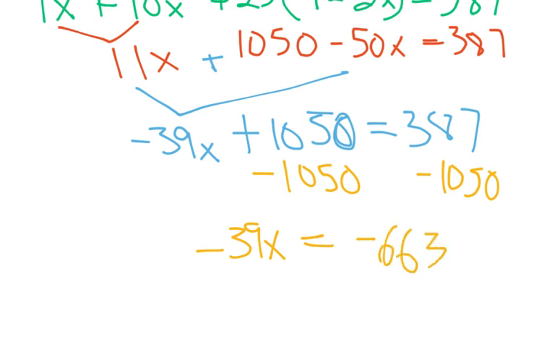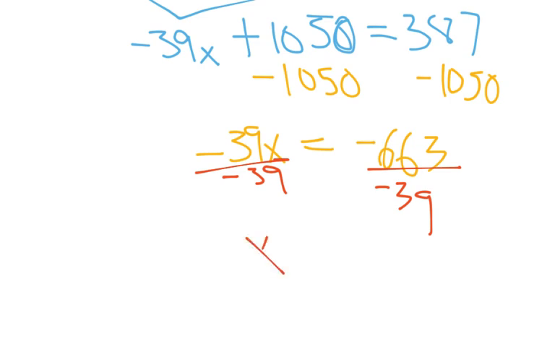And then to finish, I divide by negative 39. That's going to give me a positive 17. And so x is equal to 17.